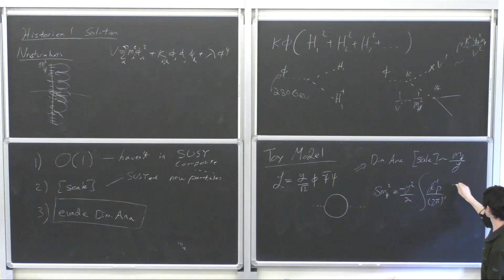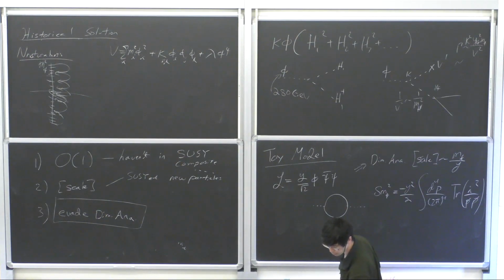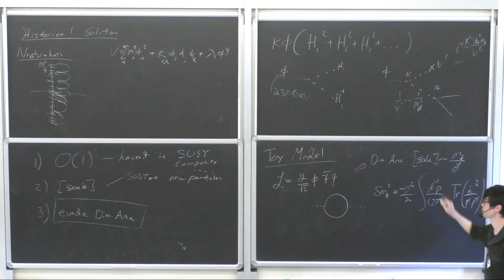Fermion propagators, trace i squared over p slash p slash. So what can we do? We're going to do this integral. I assume everyone's done it at some point in their life. This is minus 4 over p squared.